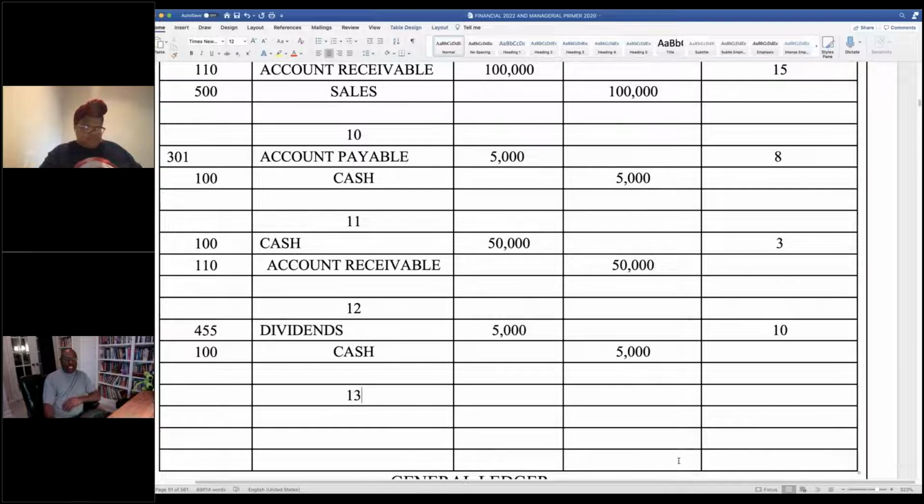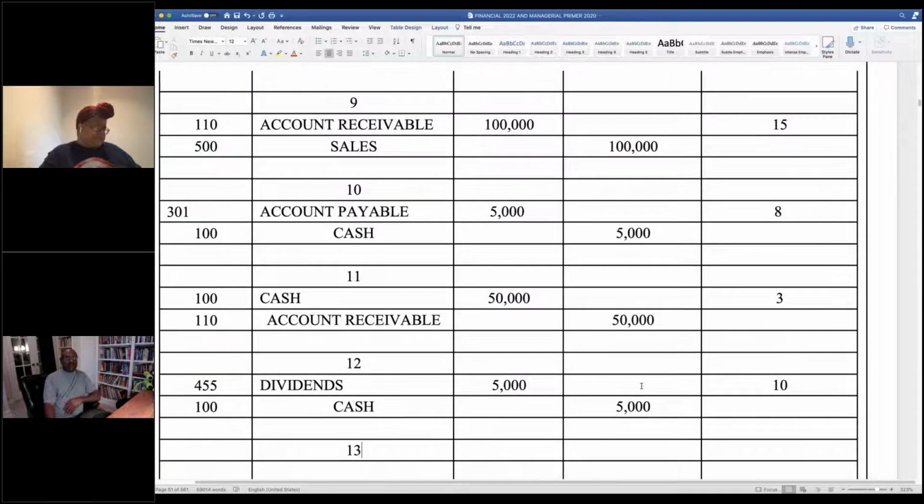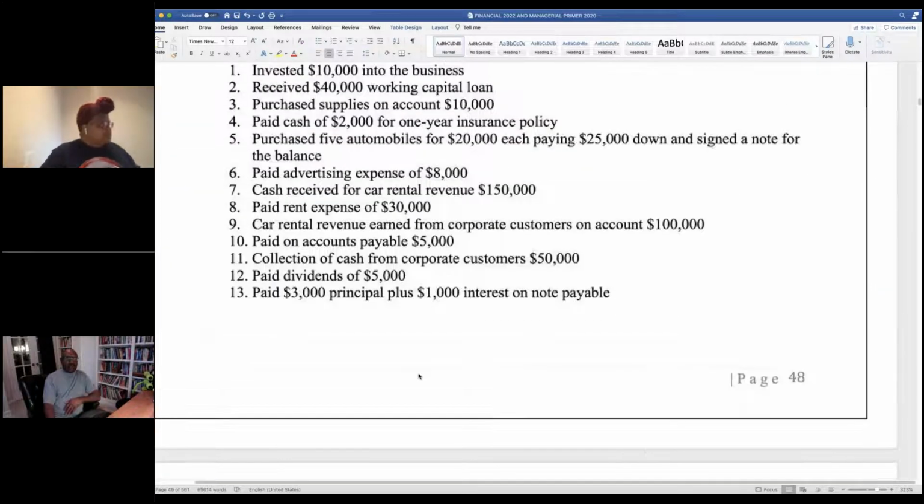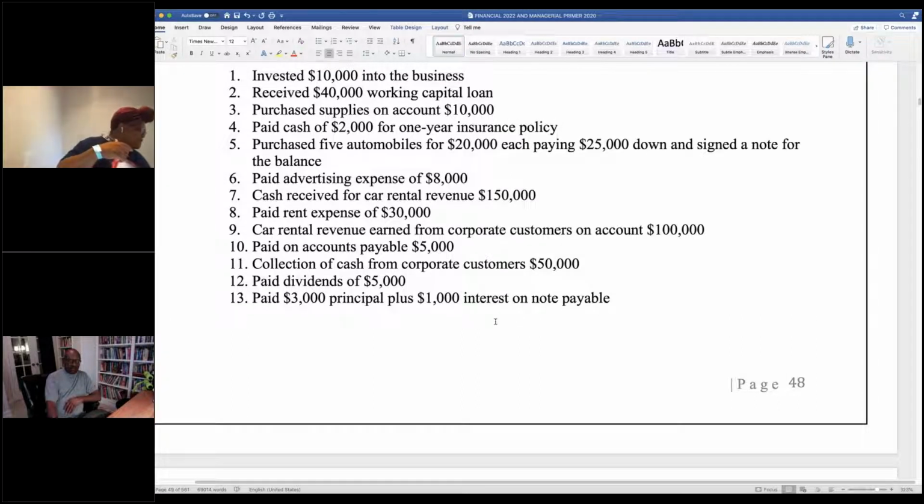What type of transaction is 13? Let's see what's happening. We got this note just like your student loan. You have to pay back the principal, what you borrowed, plus the extra amount, interest. So two things have to be paid back: the principal, which is the note, plus the interest.